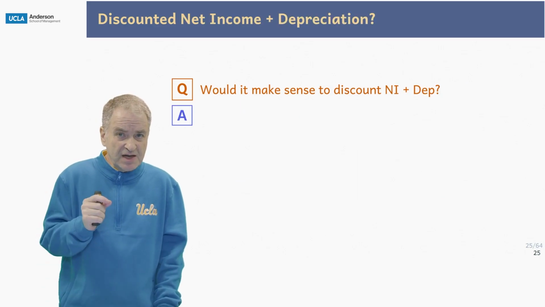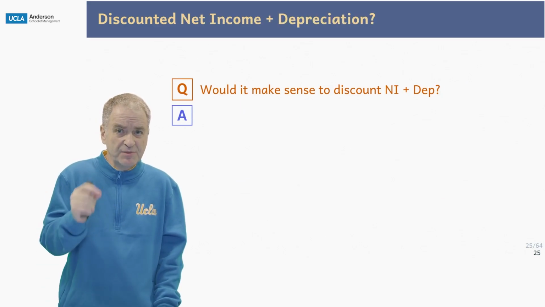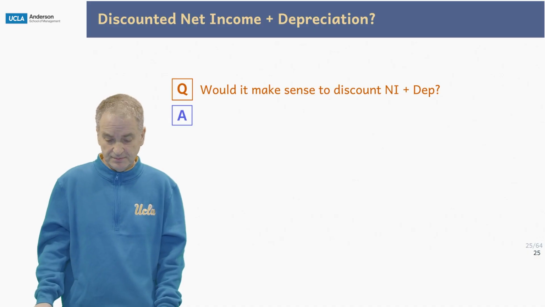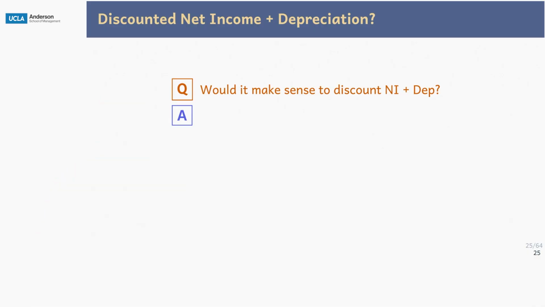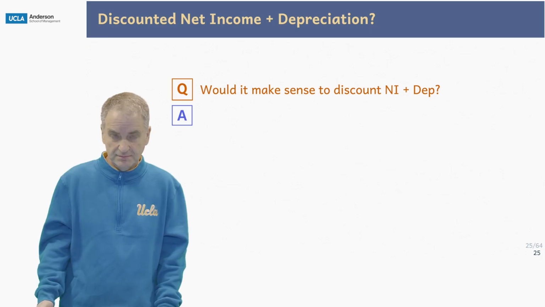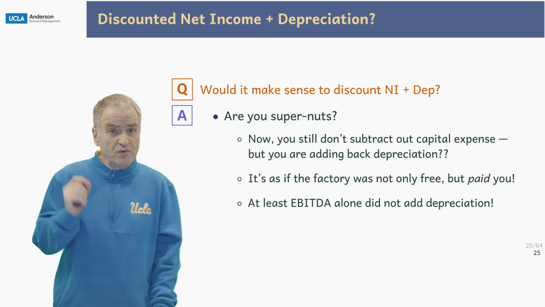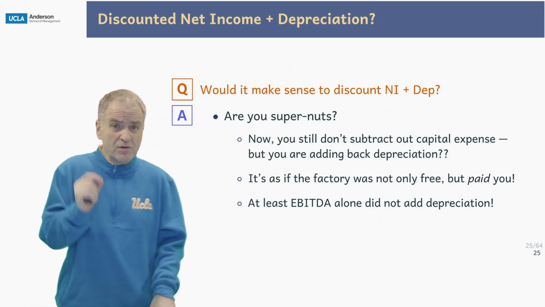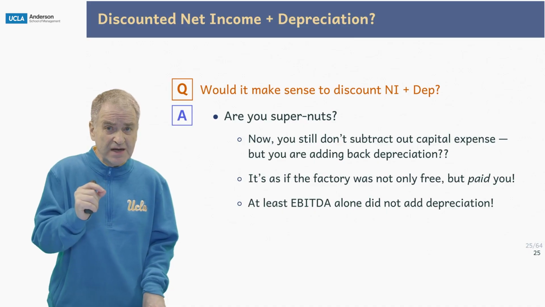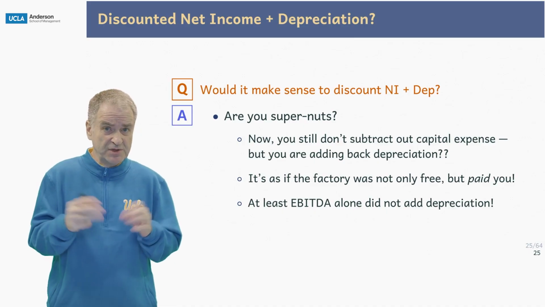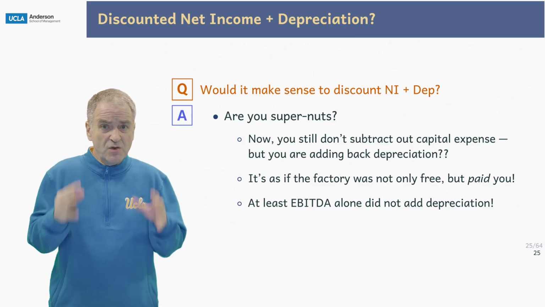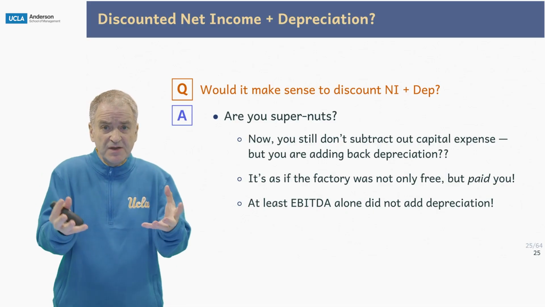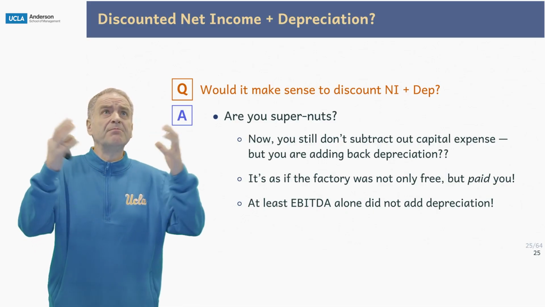What about discounting net income plus depreciation? Please pause this video now, answer the question on a piece of paper, and then continue. In that case, you really should get your head examined. You'd be super nuts. Now, not only do you not subtract out the fact that you had a capital expense to build the factory, but you're adding back depreciation as if that was money you got coming like manna from heaven.